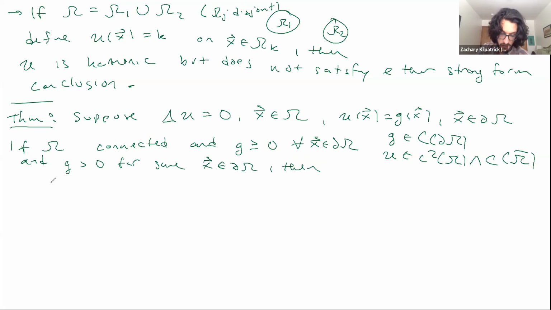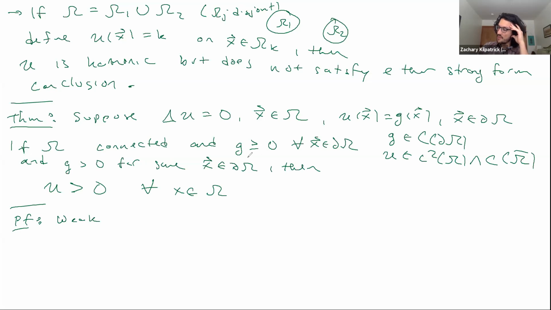Then we can say the following thing, that U is strictly greater than 0 for any x in omega, okay? So using the weak and the strong maximum principles, we can put them together to prove this theorem. It doesn't take too much work.